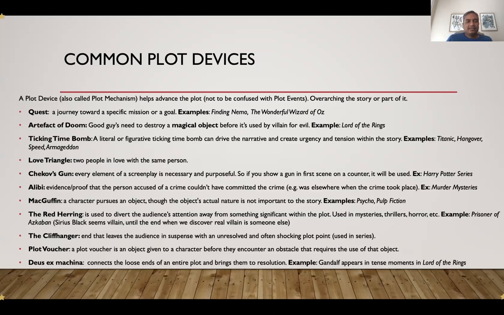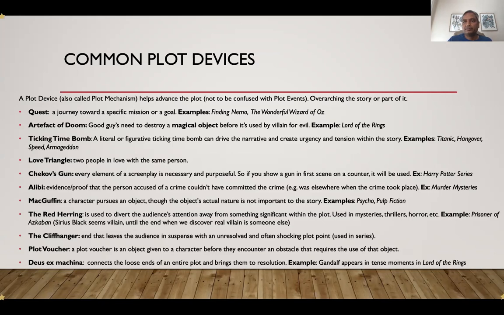The red herring is used to divert the audience's attention away from something significant within the plot, right? It is used a lot, as you can imagine, in mysteries, thrillers, and horrors. The writer wants you to look at something else, and then there's a twist in the tale, a big reveal, surprise, shock.